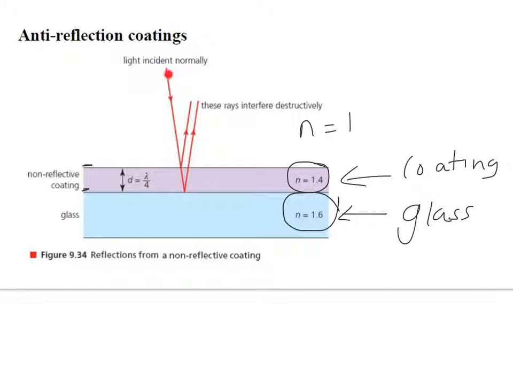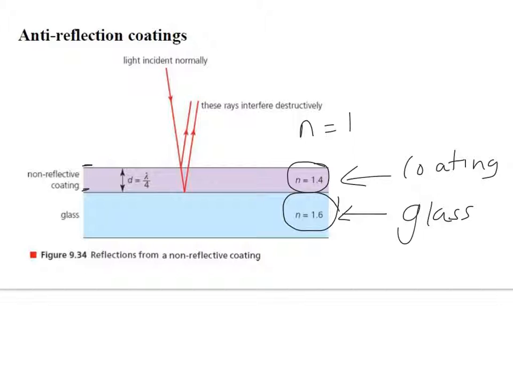So what does that mean? Well, as this one reflects, its phase difference becomes lambda over 2. But the wave continues, and when it reflects again, there's another lambda over 2. I know I said pi over 2, I meant lambda over 2. There's another phase shift. So by the time they actually get out here, they're back in phase. So that would give us a constructive situation.